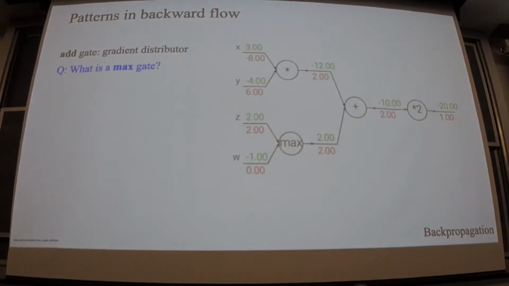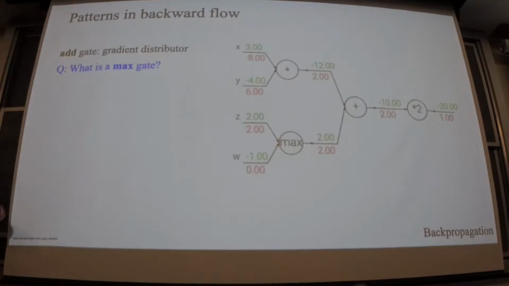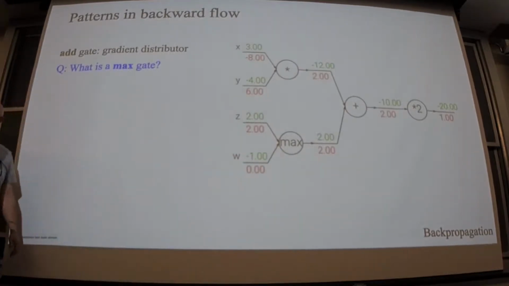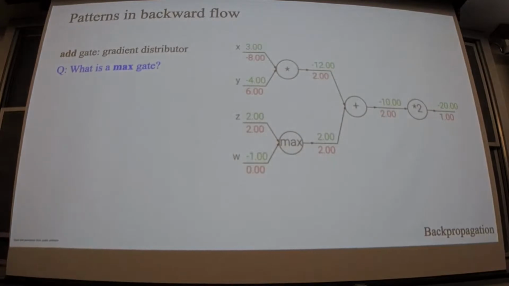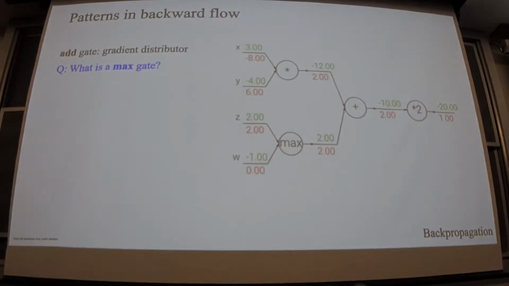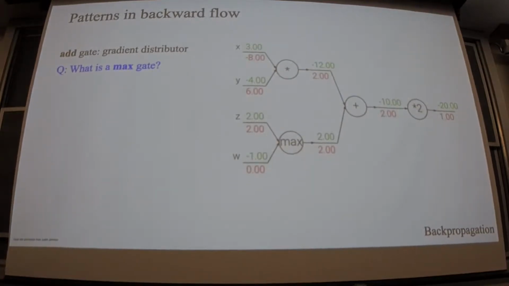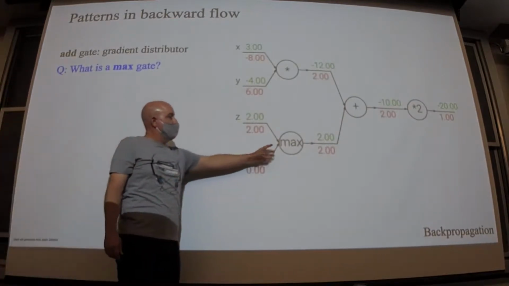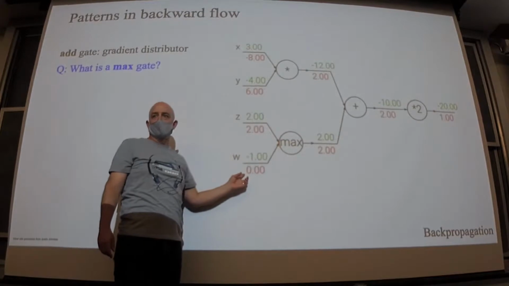So what about this max right here? What is max doing? Say again? A max function just outputs the largest. Yeah, it outputs the largest one, which means it's making the output constant with respect to the smaller one.